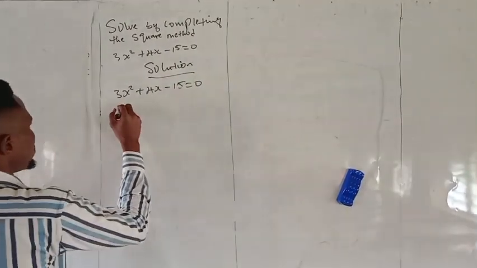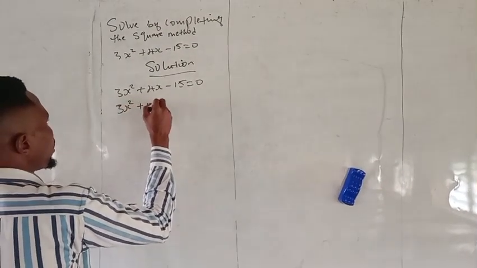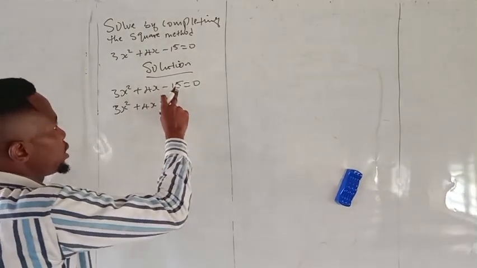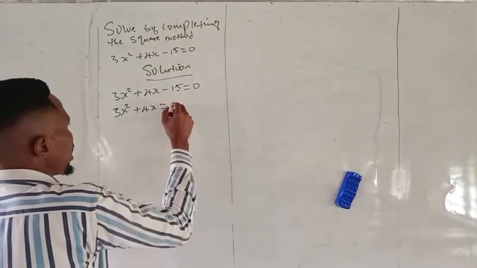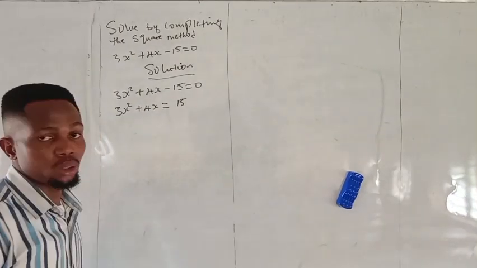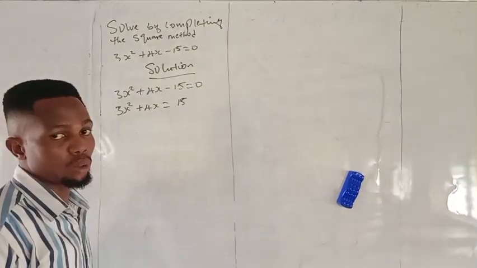By doing that, you have 3x squared plus 4x equal to. Since there's a minus sign here, once this 15 crosses the equality sign, it changes to plus. So we have equal to 15. In mathematics, once it's plus, you don't write it, but you know that there's a plus there. It's only minus that we write.